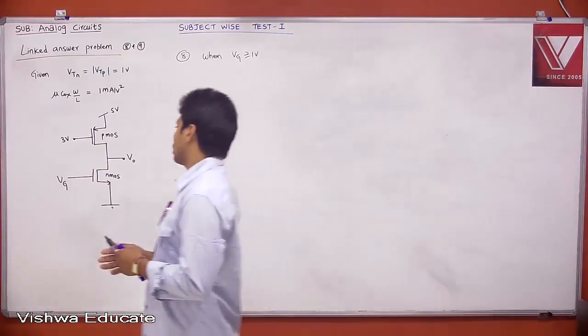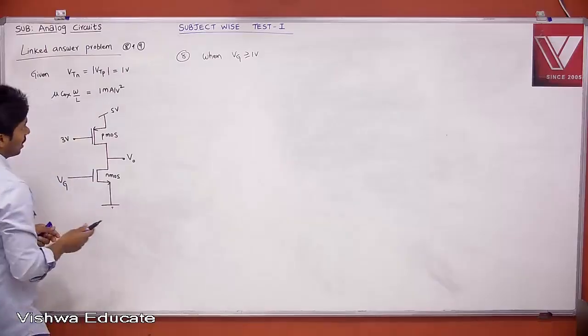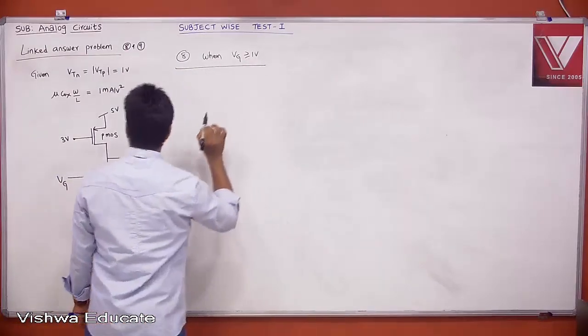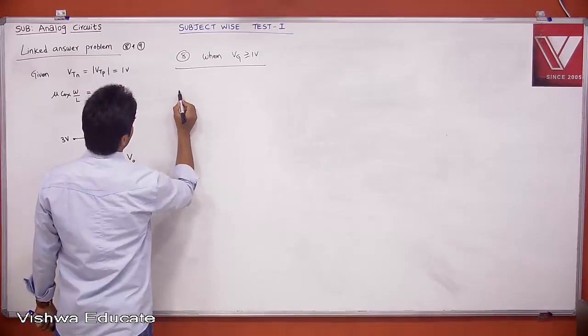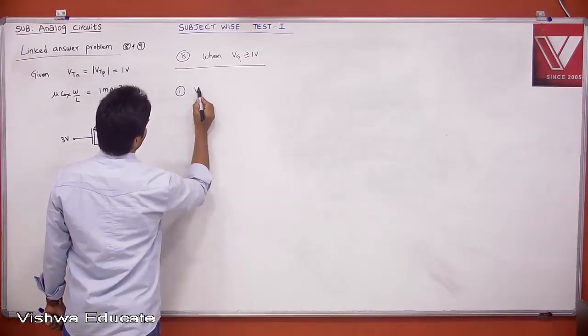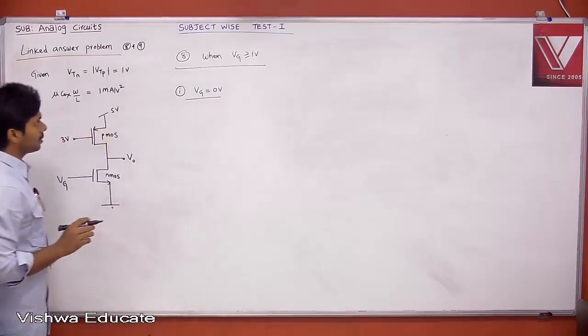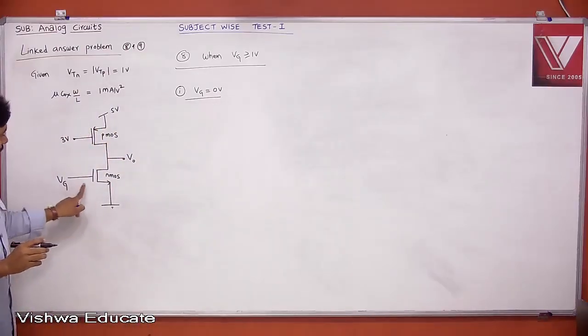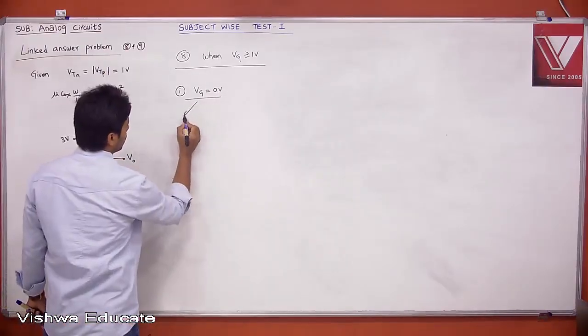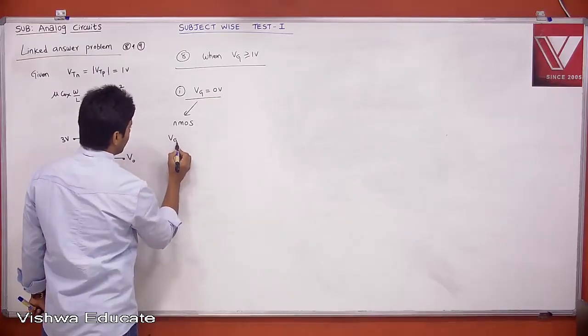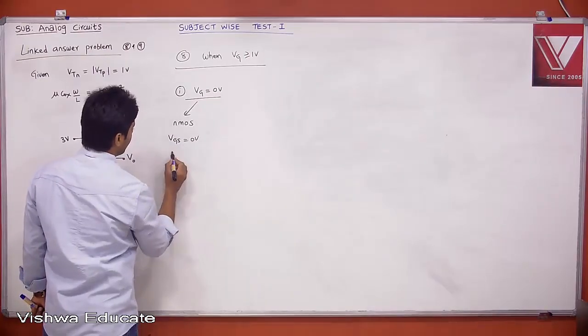Okay, just listen. Ultimately we want to know the region of the MOSFET. Point 1: when Vg is equal to 0, what about your NMOS? For NMOS, what is your VGS? Your VGS is equal to 0, therefore cut off.